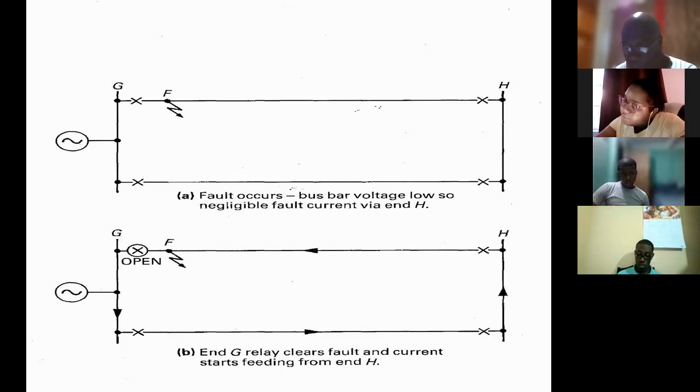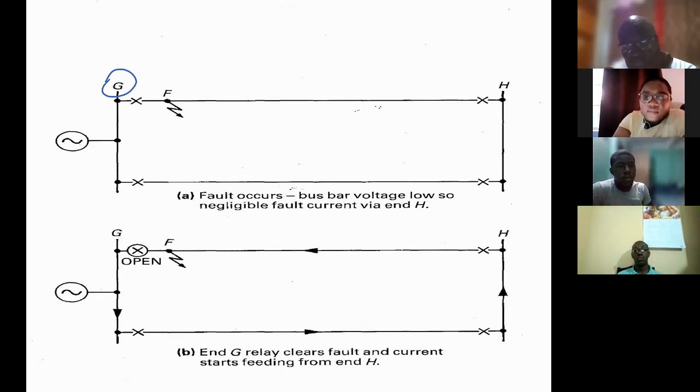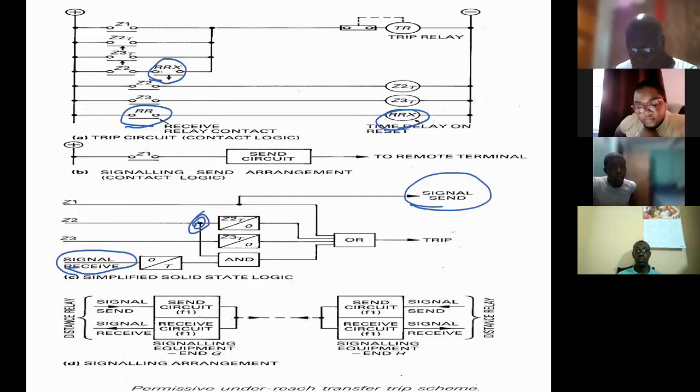And what we are showing is that the fault occurs close to end G. Right? And remember, the objective of me going through this is to highlight why we delay the receive signal. So we hold it for a little while.